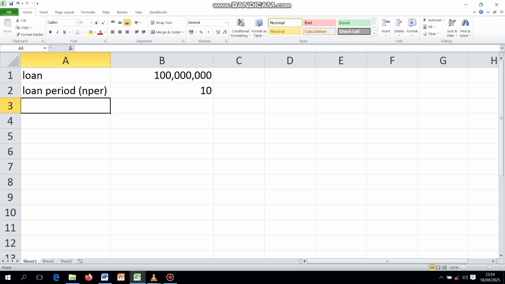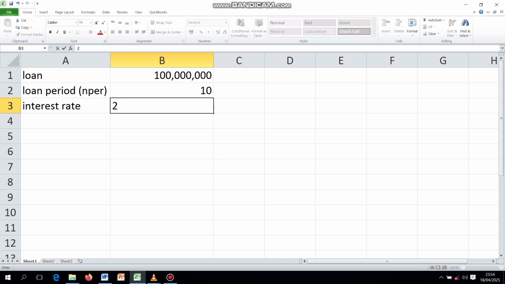Then another key information I need is the interest rate, which is 20%.